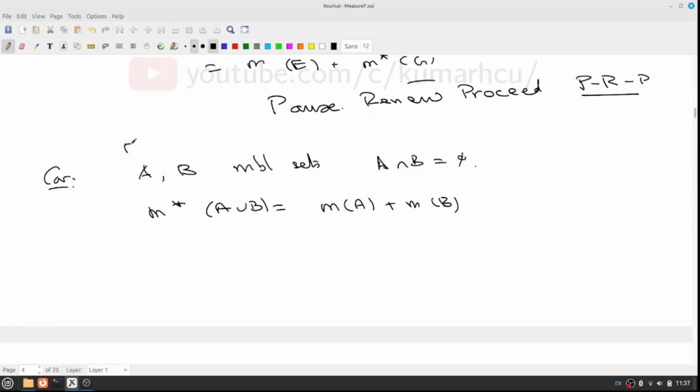This is my E, this is my G, therefore m star of E union G is, by what we did, equal to m star of A plus m star of B. But remember, A and B are measurable, therefore this is m of A plus m of B. But notice that we cannot yet write this as m of A union B.